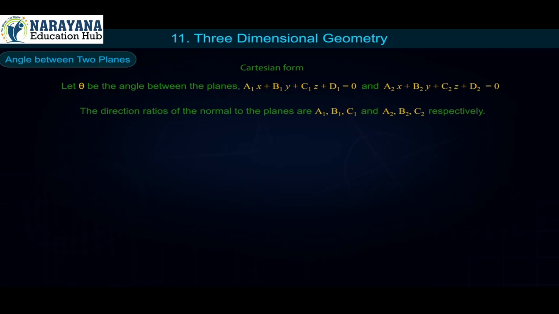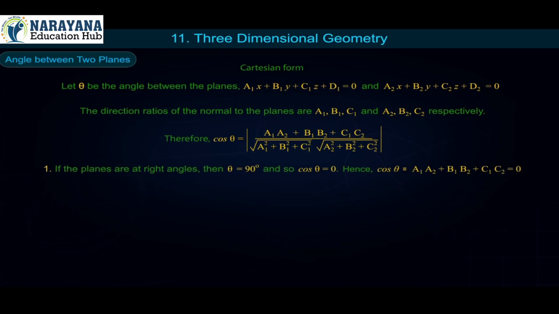The direction ratios of the normals to the planes are a1, b1, c1 and a2, b2, c2 respectively. Therefore, cos theta = modulus of a1a2 + b1b2 + c1c2 upon square root of a1 square + b1 square + c1 square into square root of a2 square + b2 square + c2 square.